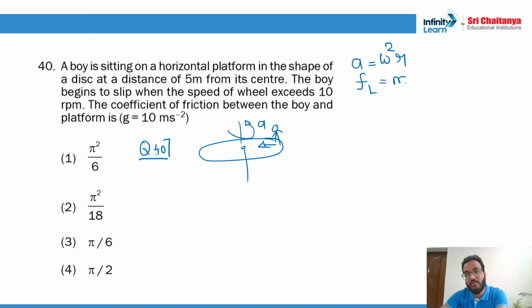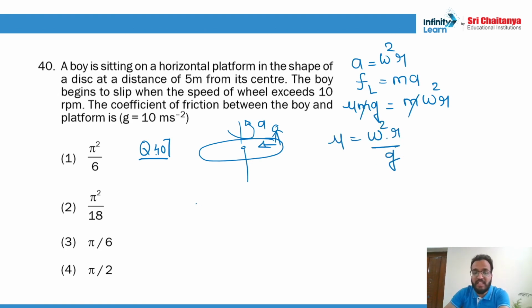So FL is equals to MA. So that is mu mg is equals to m into omega square r. M and m gets cancelled. Mu will be omega square into r by g. Now very carefully, what is omega? It is 2 pi into number of rotations per minute upon 60. Do you understand?